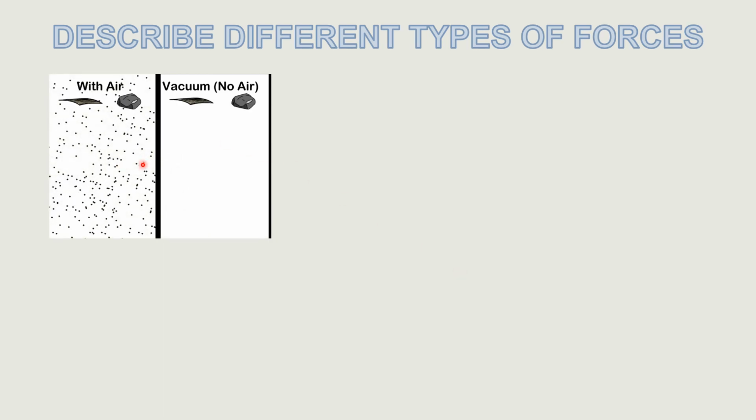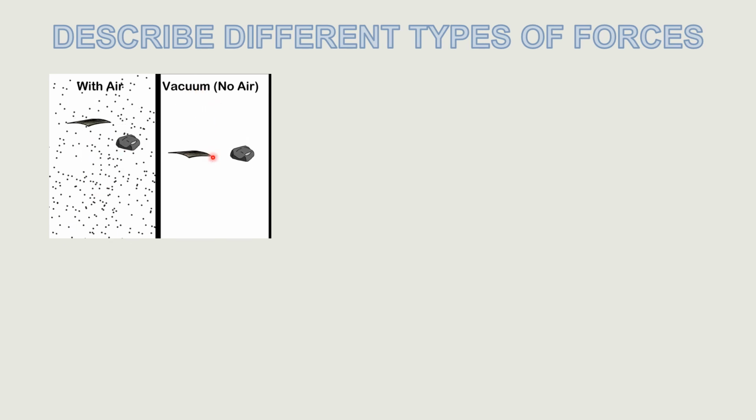As we talk about forces, we also need to mention that we have different types of forces. So for example, what we can see here, let's say we have some kind of paper and rock, and you have two different conditions. On the left side you have some space with air, and here you have the vacuum, meaning without air.